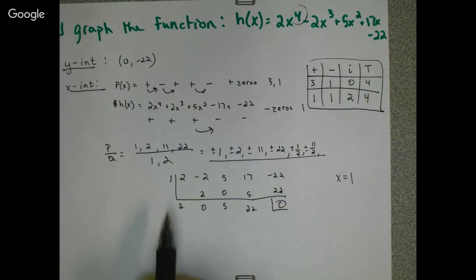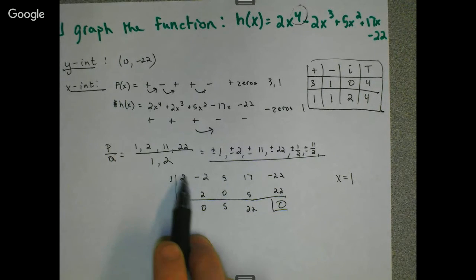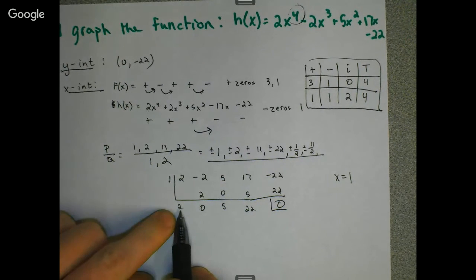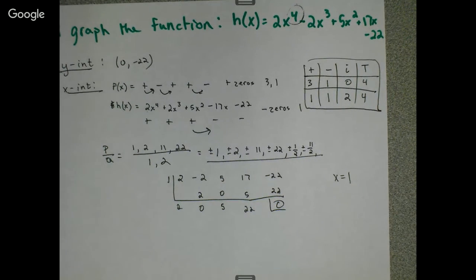And notice here that since my leading coefficient was positive, this was bigger than 1, and all of these are positive, then it is an upper bound. So that tells us that there will be 1 negative.